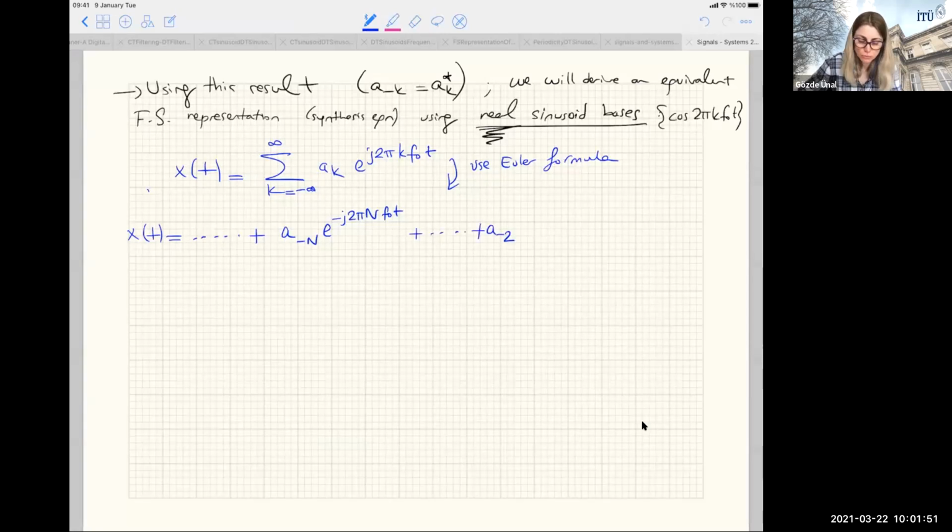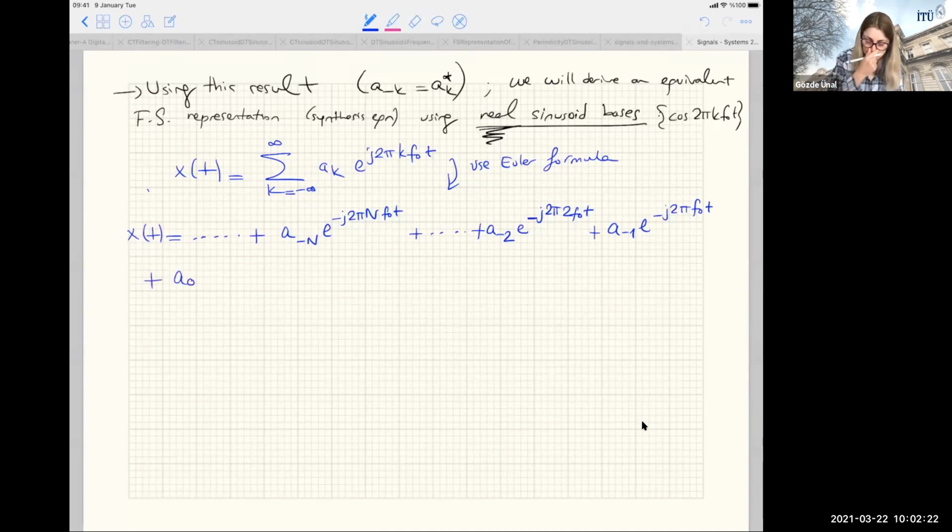Now I'm writing the second harmonic, a minus 2 e to the minus j 2 pi 2 f0 t. Then a minus 1 e to the minus j 2 pi f0 t, the first harmonic term in the negative frequencies. Of course, there is also a0.